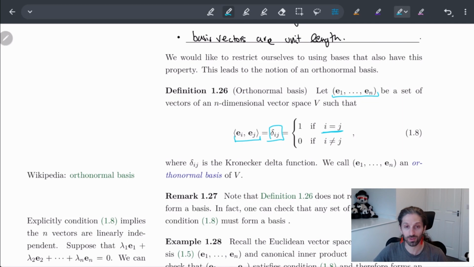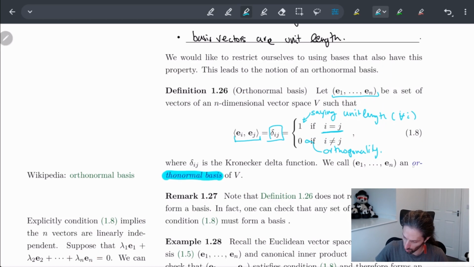If the inner product with itself is equal to 1, that means unit length, for all i. And the 0 is saying orthogonality. If we have these two properties, then we say that this basis is an orthonormal basis of V.